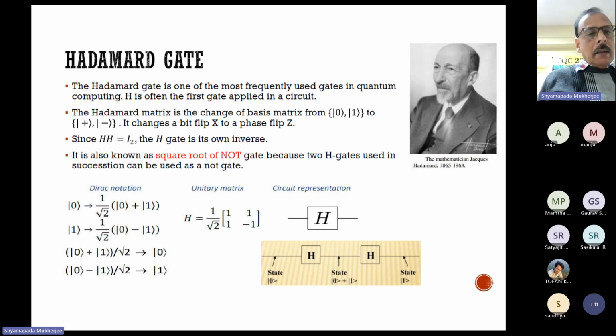When the Hadamard gate acts on 1 by root 2 of (0 plus 1), it becomes 0, and on 1 by root 2 of (0 minus 1), it becomes 1. So I can regard this as a square root of NOT gate, which has no counterpart in classical gates. The Hadamard gate is frequently used to produce a superposition state.